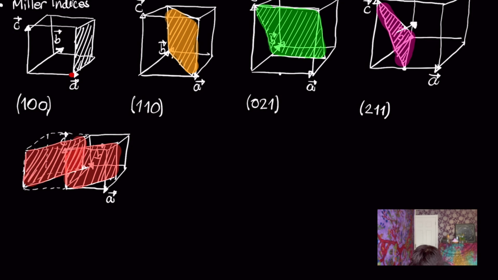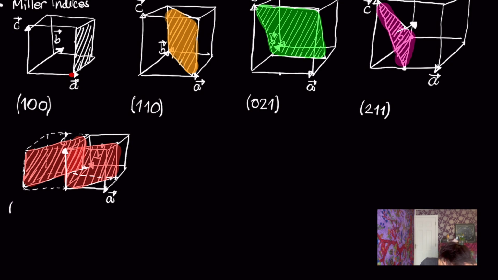There is our adjacent cell right here, which we're going to have to consider because this plane intercepts the entire axis right here. So what would be our indices in this case? Well, we can see that in this cell right here, you can think of it as the a vector intercepting at this -1 right here. So this would be 0, and this would be -1.